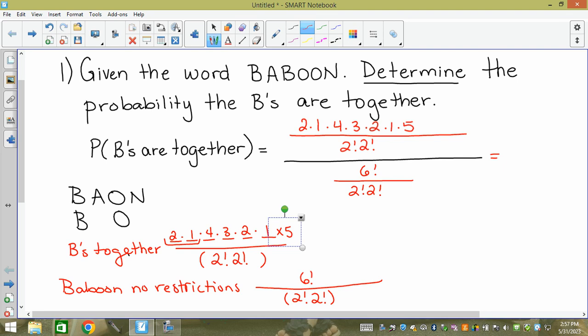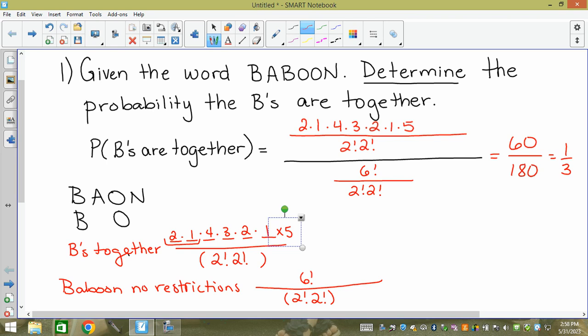So type the top in, type the bottom. Should get 60 on the top. And 180 in the bottom, I believe. So nothing crazy, right? You just have a total no restrictions on the bottom, which is the easiest part. Actually, finding the total no restrictions of anything is the easiest part.